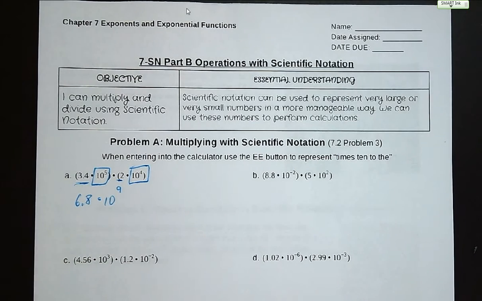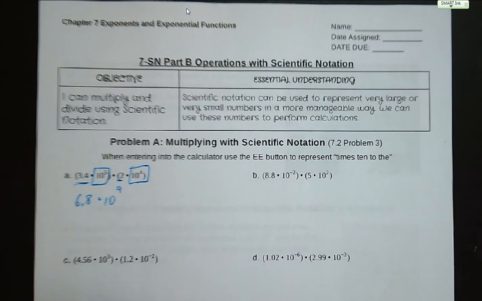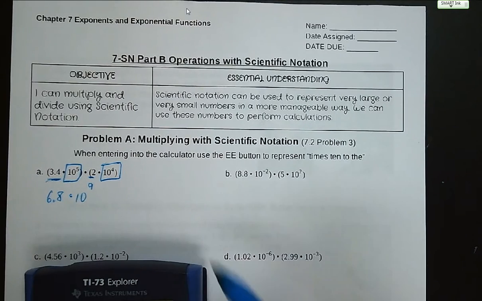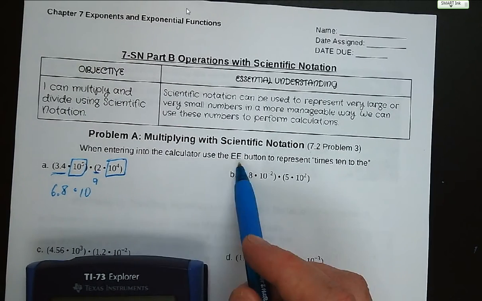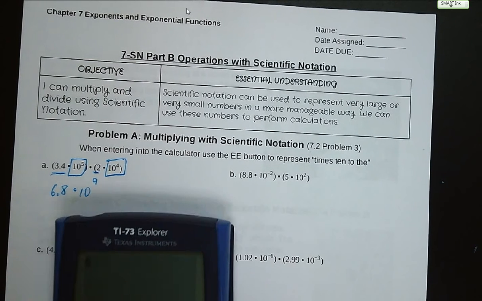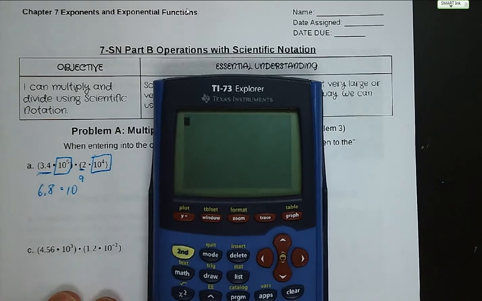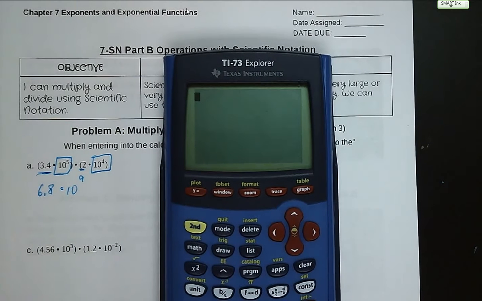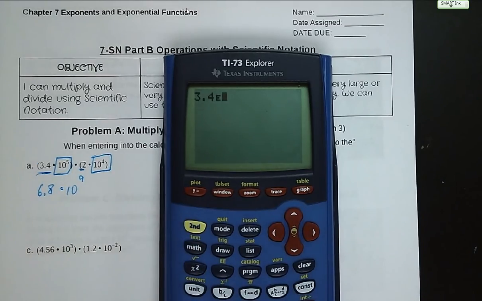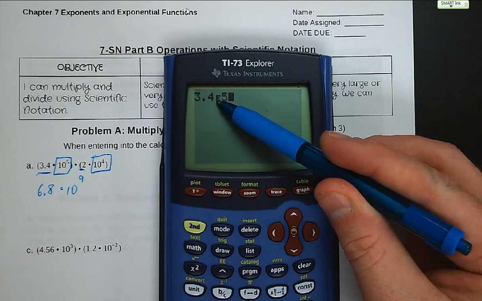All right, that's one way of doing it. The second way is what I allude to in our directions. When entering it into the calculator, use the EE button to represent times 10 to the. So on our calculator we've got 3.4. We use the second and the caret to give us the little e, and we put our exponent, 5. The e represents times 10 to the.